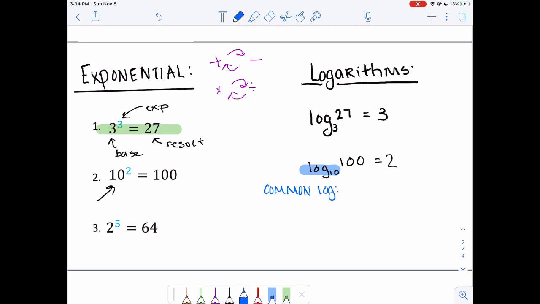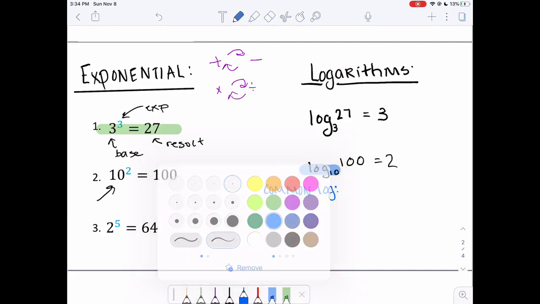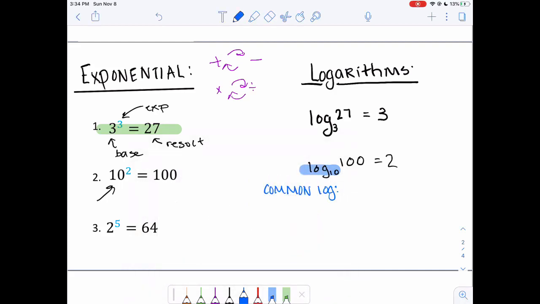This is the log that is the most common, so it's most often just written as log 100 equals 2. If you see log base 10, you don't have to write the base 10 because that's how common it is.